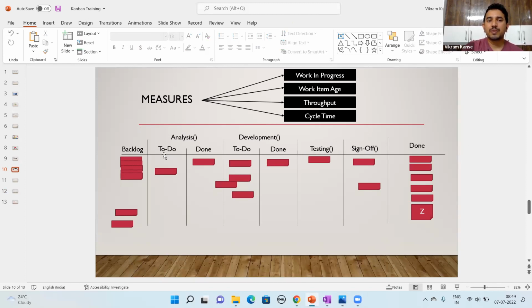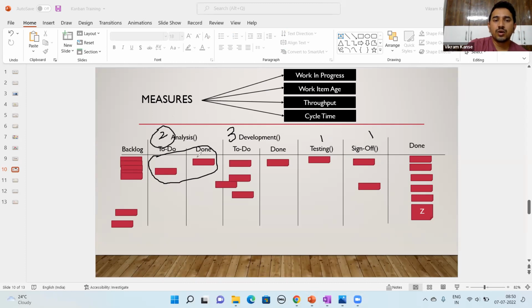So what do you think will happen at the analysis phase? Do you think they will be done? There are just two people working here, three people working here, one here and one here. Do you think these two people will limit themselves to the work that they can take?